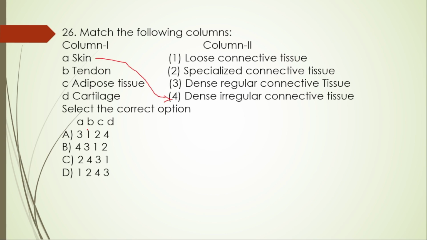That is A is for 4, so option B will be almost right. Let's cross check. Tendon is for dense regular connective tissue, adipose is for loose connective tissue, and cartilage is for specialized connective tissue. So here the right option is option B.